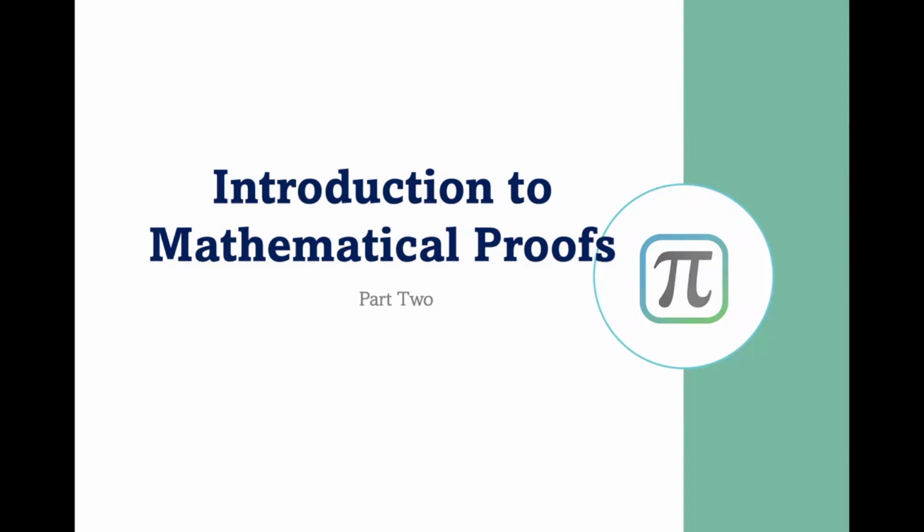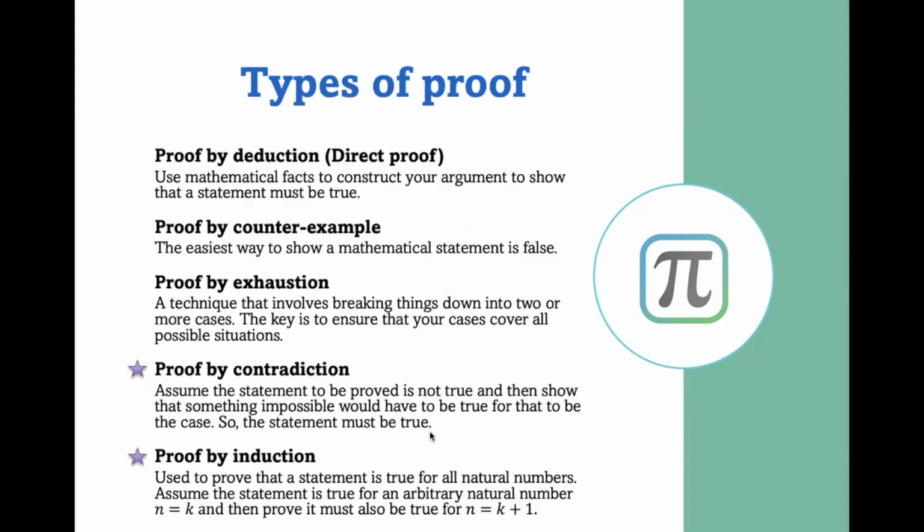Today, I will be running through part 2 of this video on introduction to mathematical proofs. If you haven't watched part 1, I will share the link to that video. But today, I want to focus on two key types of proof, which are proof by contradiction and proof by induction.